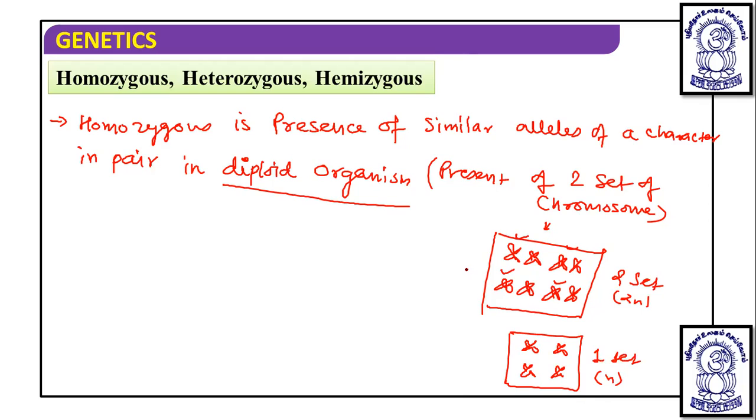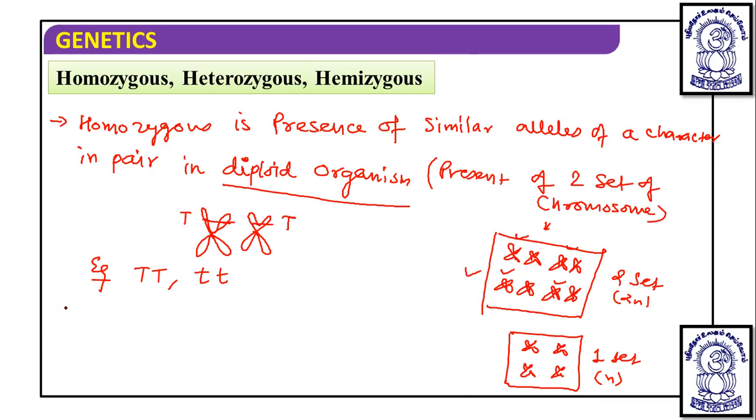So in diploid, where two sets of chromosomes are present, suppose a particular gene is present and the genes are of the same allele in pair. Suppose here capital T and here capital T. Then it is a homozygous condition. So we can write the example capital T capital T or small t small t. But another is the heterozygous condition.